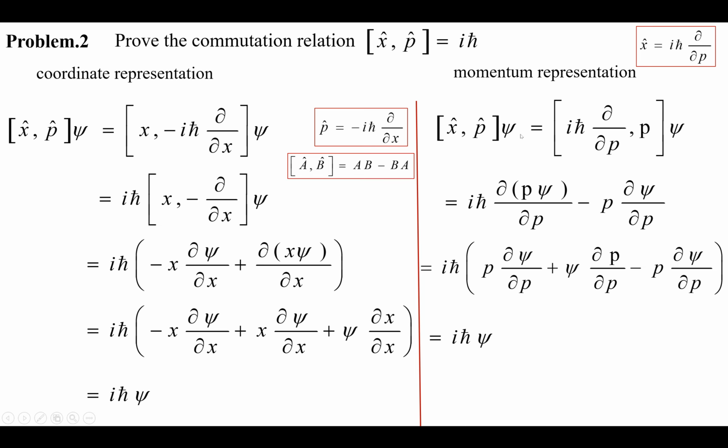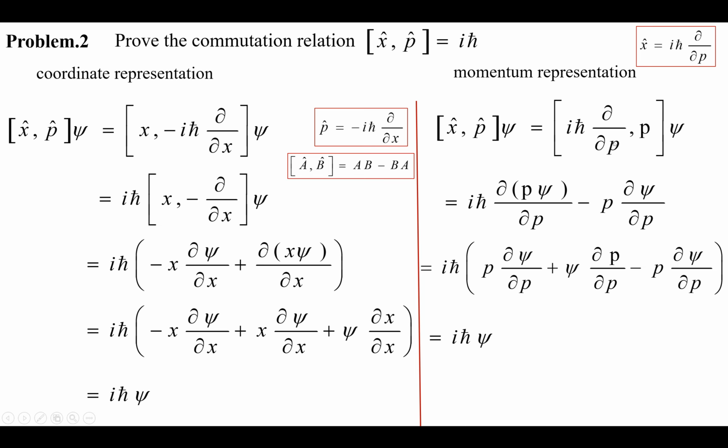So [x, p] acting on psi will give us: instead of the x operator, we substitute iħ ∂/∂p, p, and we will have to use the formula [A, B] = AB minus BA. So we pull iħ out.